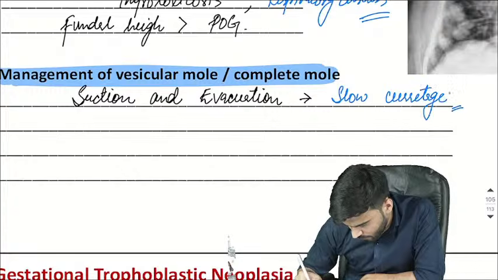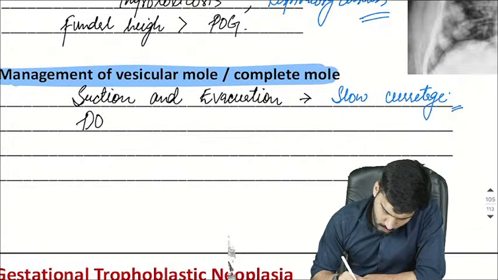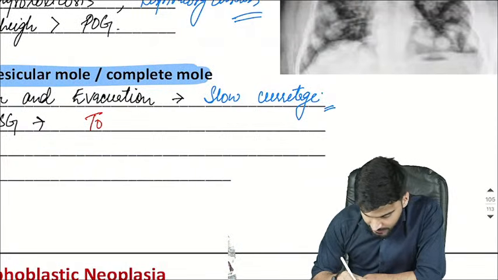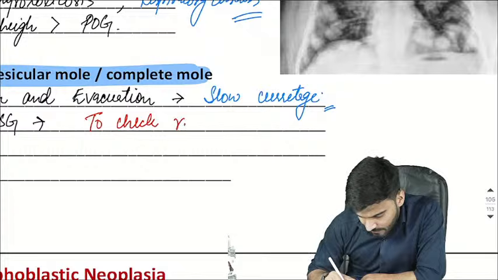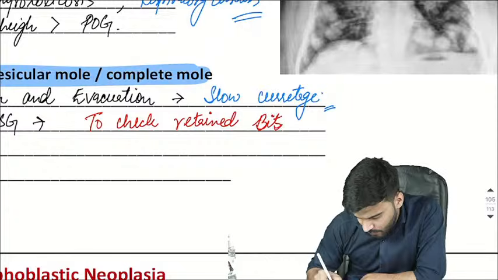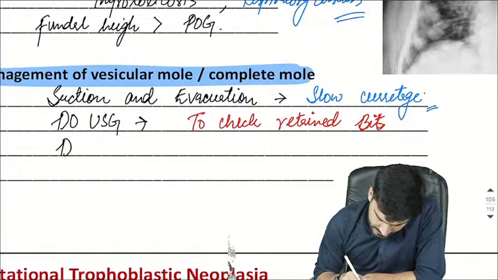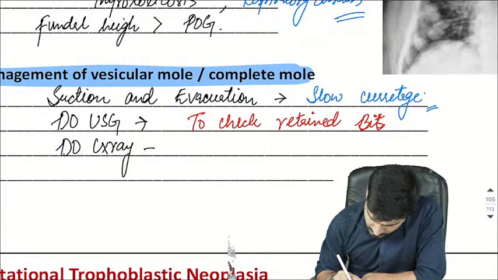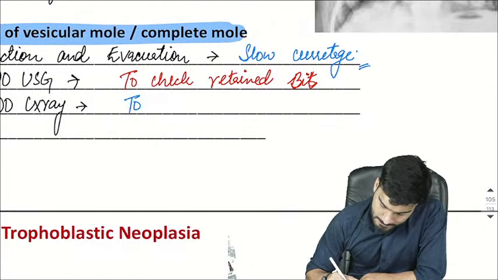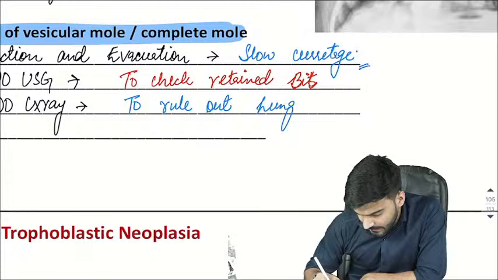Next to that, we also do USG to check for retained products. Next to that, do a chest X-ray as well to rule out lung metastasis.